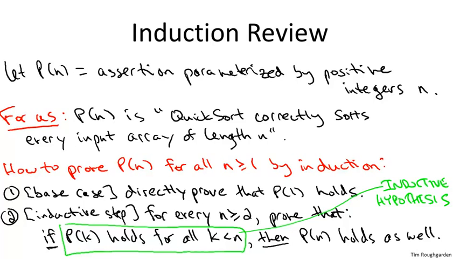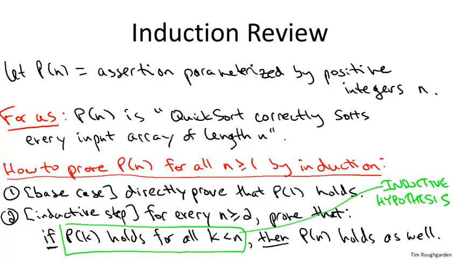So for any given n that you care about, the way you can derive that from 1 and 2 is you just start from the base case, P(1) holds, then you apply the inductive step n minus 1 times, and boom, you've got it. So you know that P holds for the integer n that you care about as well. And that's true for arbitrarily large values of n. So those are proofs by induction in general.